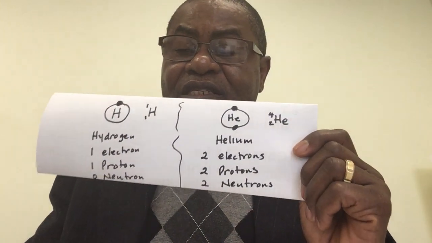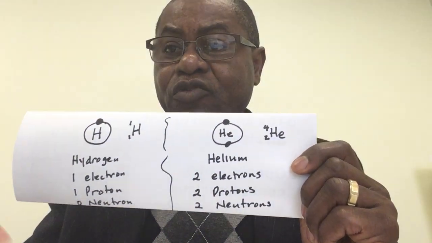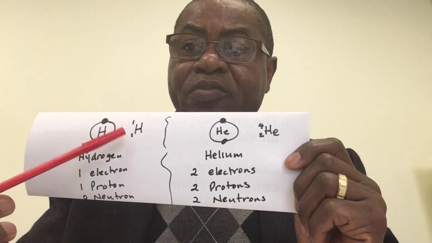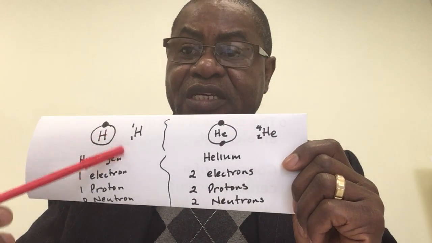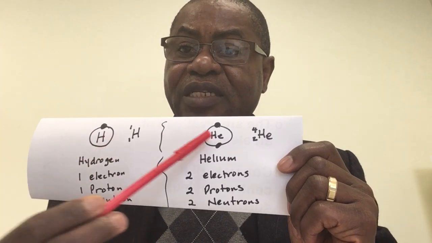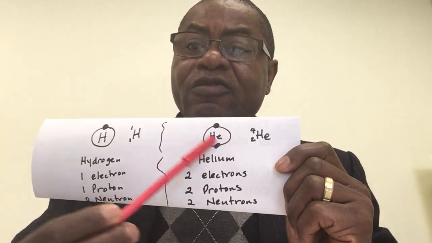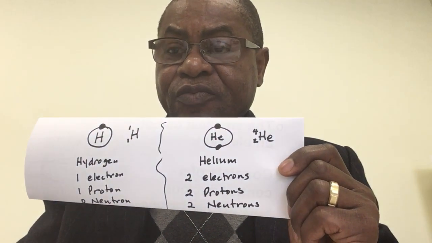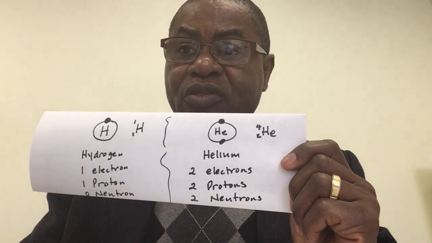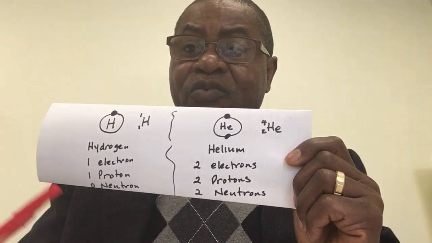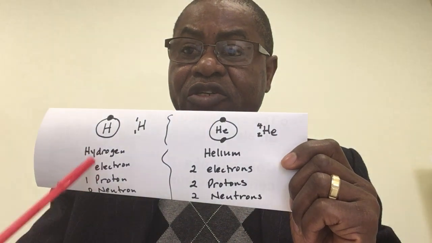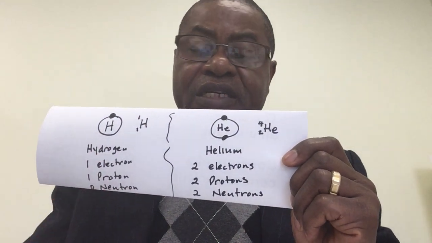So this is a typical example of 2 different atoms. The properties of the atoms in hydrogen are completely different from the properties of the atoms in helium. So it is very, very important to note that. And we are going to individually talk about the electron, the proton, and the neutron.